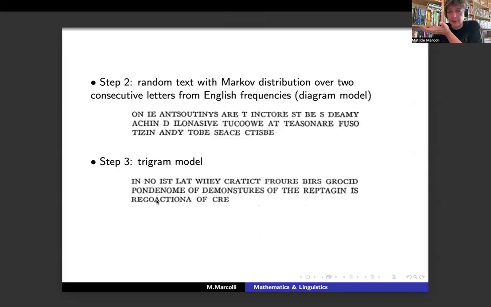Finally, with the trigram model, you have things that again are not English words, but in a sense they could be. You wouldn't be surprised if somebody told you that they actually are.